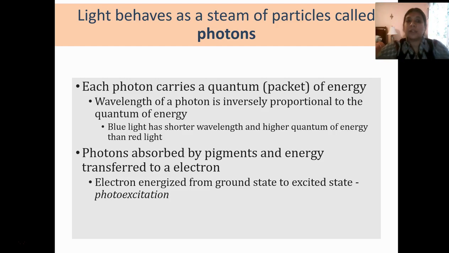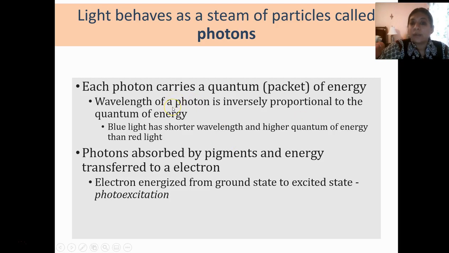The amount of energy per photon is going to be related to the wavelength of the light. So different types of light, different colors of light, are going to provide different amounts of energy.